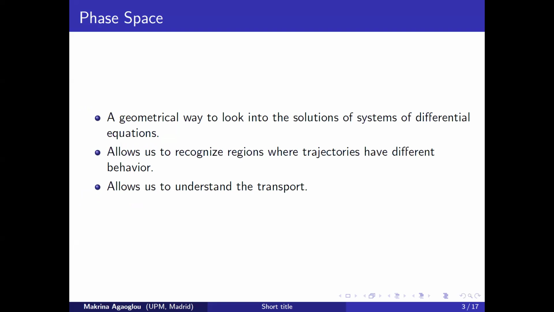And this idea of looking into the phase space allows, in a geometrical perspective, to have an intuition just with a glance on how the phase space is divided into regions where trajectories have different qualitative behaviors. And as I mentioned before, these ideas have an impact in many areas. And I will explain in this talk how these ideas can explain transport in the ocean.